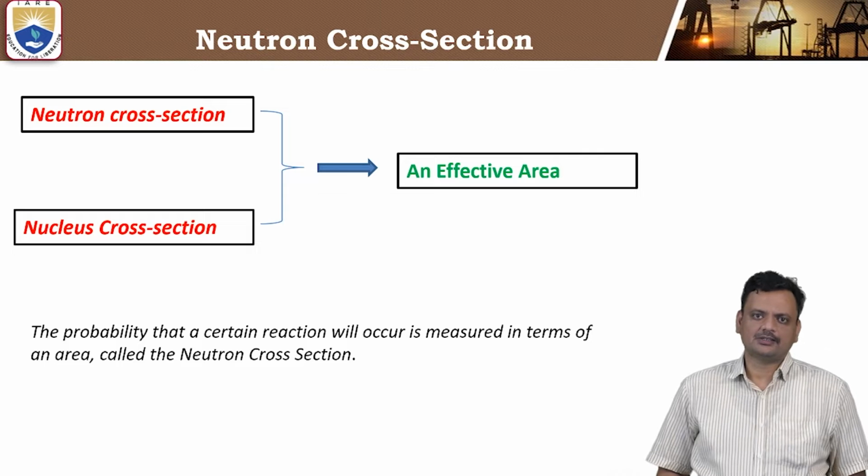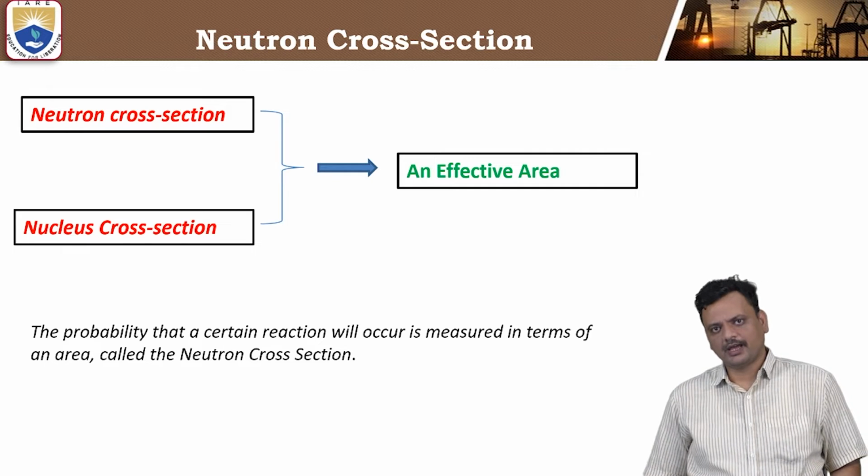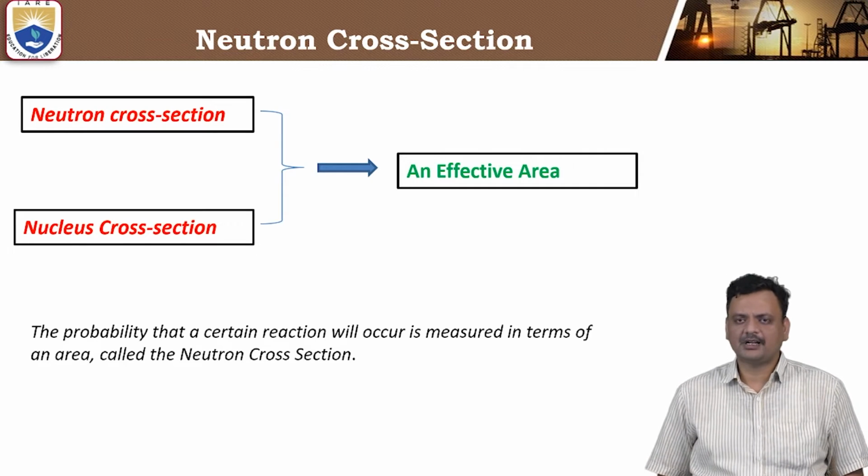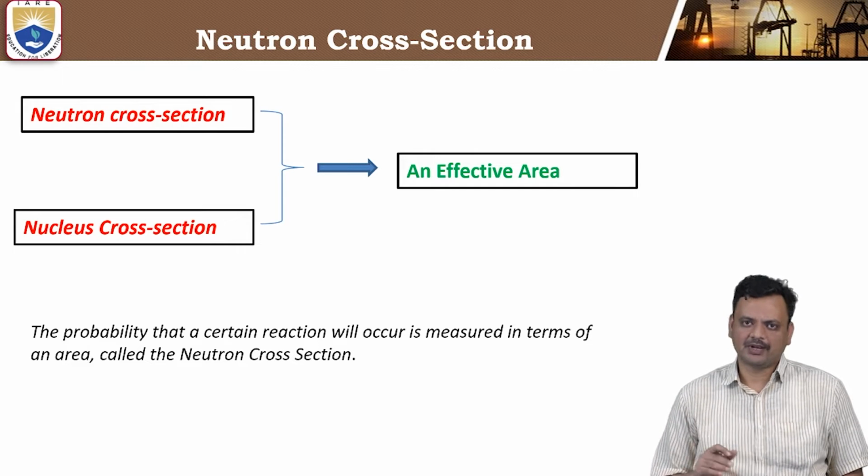That interaction is measured in terms of cross sections. As a classical definition, it is basically the area where these reactions take place.